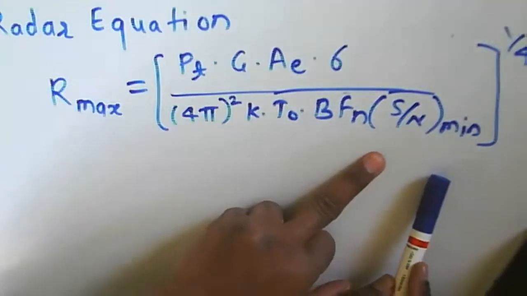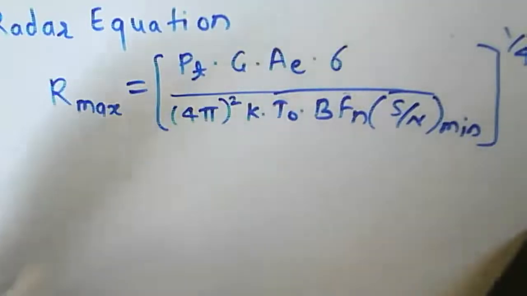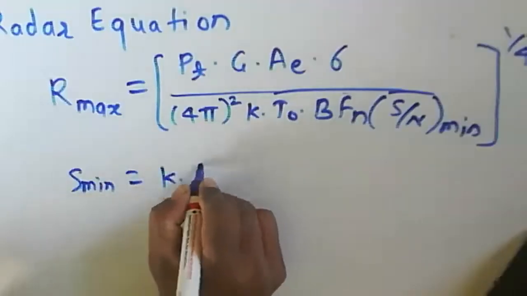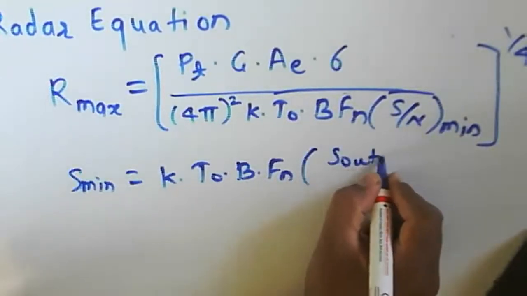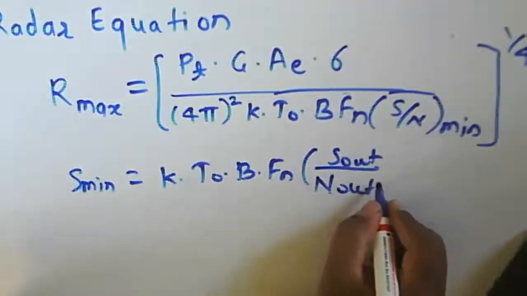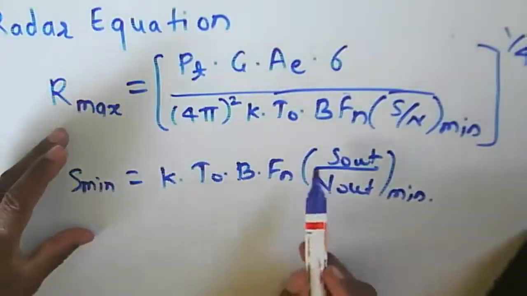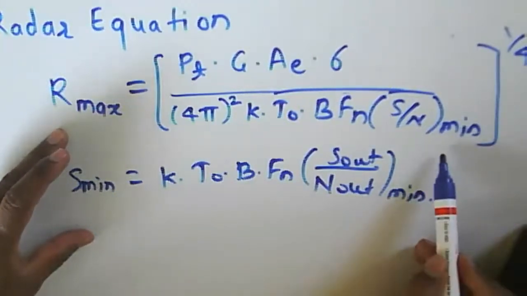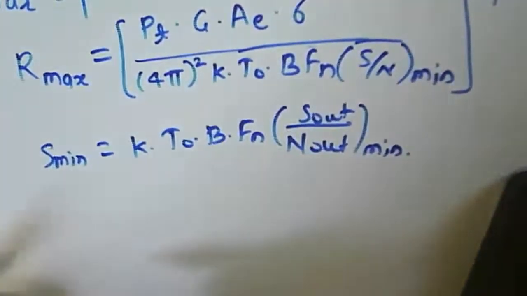Minimum, in that case, is not the output; that is to be defined. In the earlier case we obtained that S minimum is equal to kT0 B Fn times S out by N out, that is the minimum. So S out by N out is nothing but S by N minimum, and kT0 B Fn gives the minimum detectable signal.